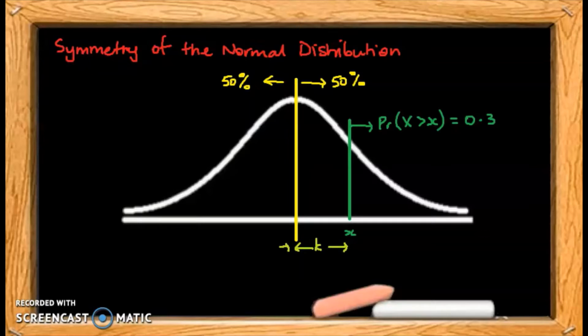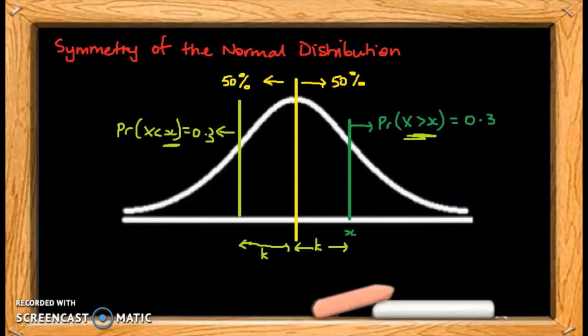If I had a distance of k again to another line, such as this one, that the probability, because of the symmetrical nature, the probability of being below that value would also be 0.3. And that's because of the symmetry between this and this.